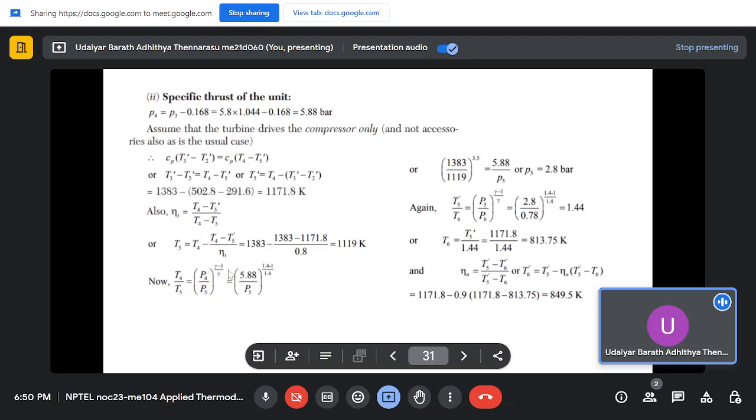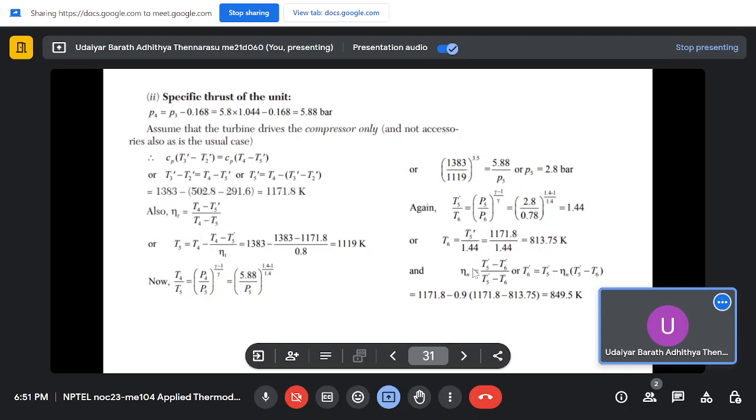We know the temperatures, and we know the pressure at state 4, so we find the state 5 pressure as 2.8 bar. Using this, we can find the temperature at state 6, at the exit of the nozzle. Assuming the nozzle process is reversible adiabatic, isentropic, the state 6 temperature is 813.75 Kelvin.